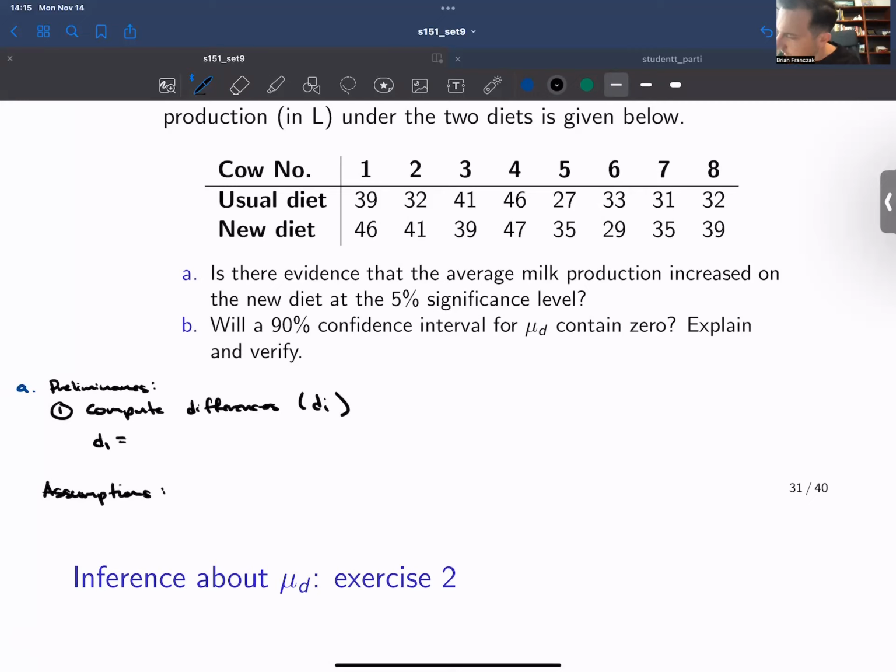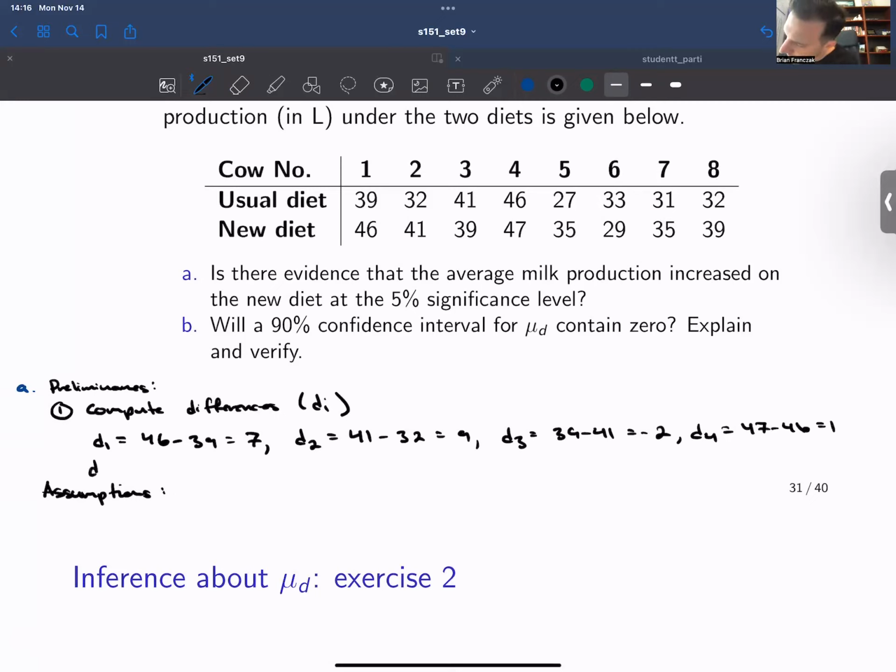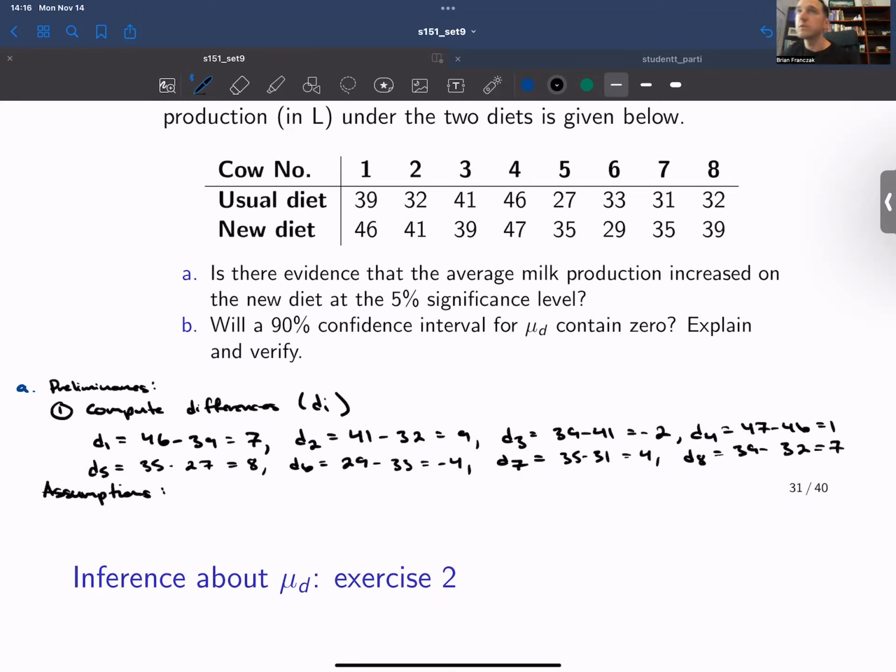So d1 is going to be 46 minus 39, which is 7. d2 is going to be 41 minus 32, which is 9. d3 is going to be 39 minus 41, which is negative 2. d4 is going to be 47 minus 46, which is 1. d5 is going to be 35 minus 27, which is 8. d6 is going to be 29 minus 33, which is negative 4. d7 is going to be 35 minus 31, which is 4. And d8 is going to be 39 minus 32, which is 7.